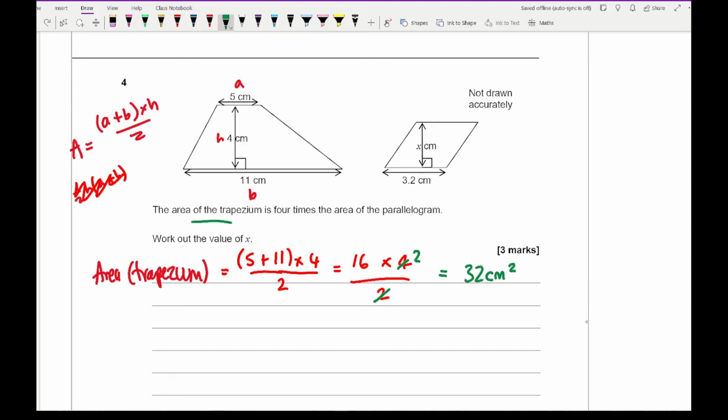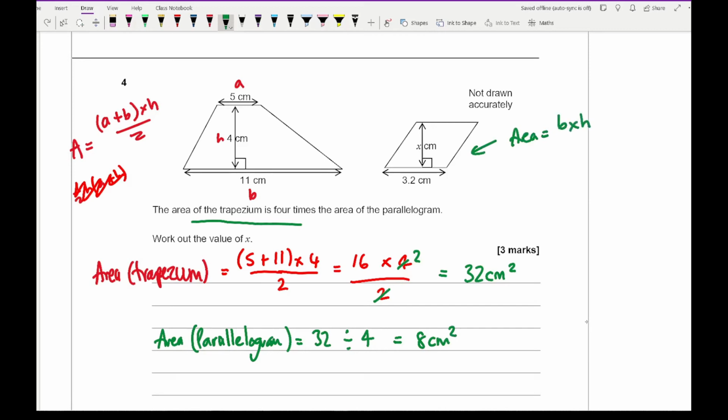Now, the information tells us that the area of the trapezium is 4 times the area of the parallelogram. So the area of the parallelogram is going to be 32 divided by 4, which is 8 centimeters squared. Now, to work out the area of a parallelogram, the formula is basically the base times the height, or the perpendicular height. So that's going to be 3.2 multiplied by x equals 8.